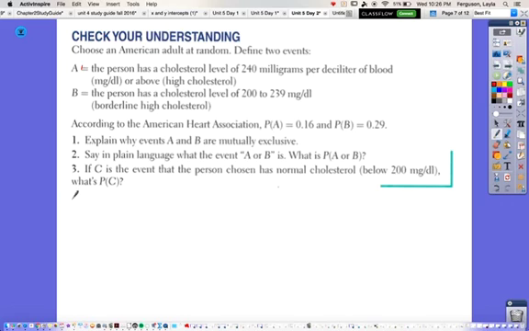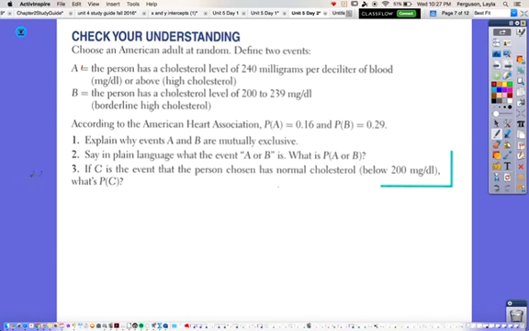So number 1 says explain why events A and B are mutually exclusive. So for number 1, we can say that these 2 events are mutually exclusive because a person cannot have a cholesterol level of both 240 or above and between 200 and 239 at the same time.